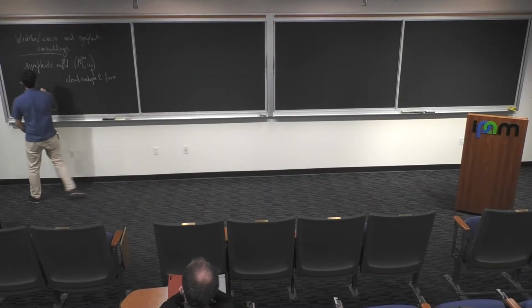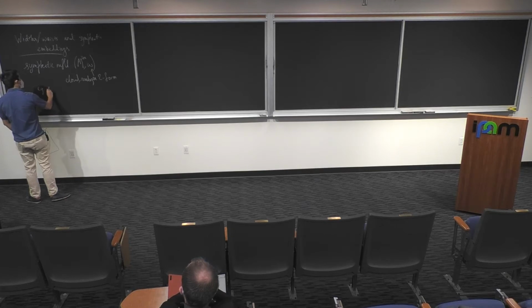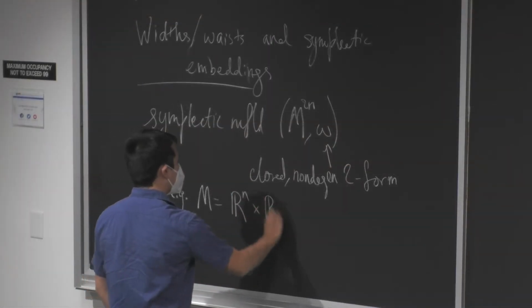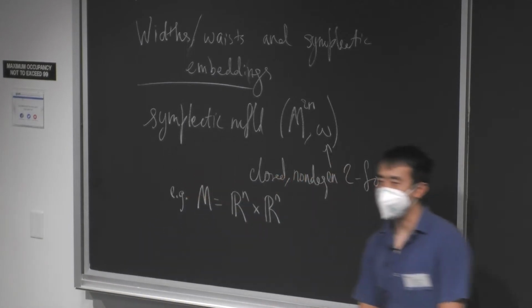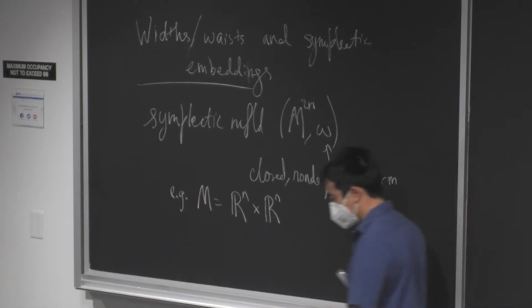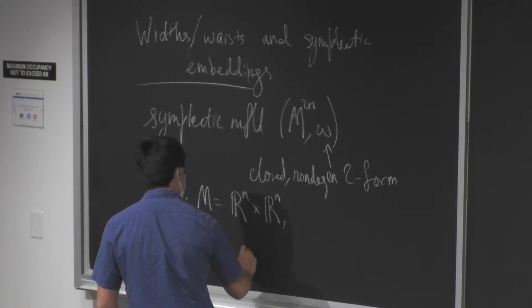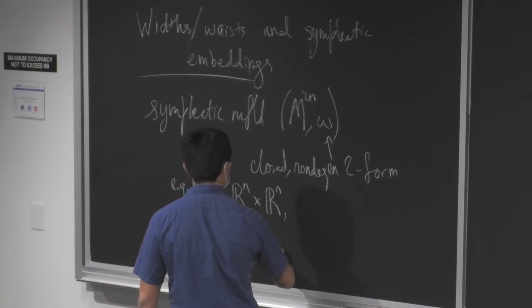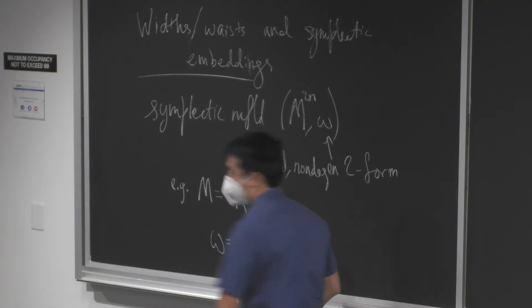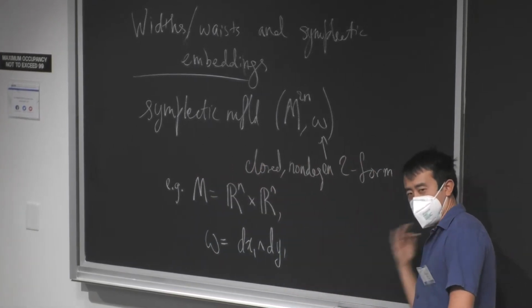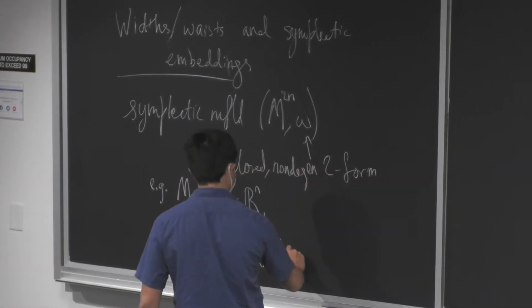So the most basic example is if we just take Euclidean space, so R^2n or R^n cross itself, with the form being just dx1 wedge dy1, and then plus all the pairs.